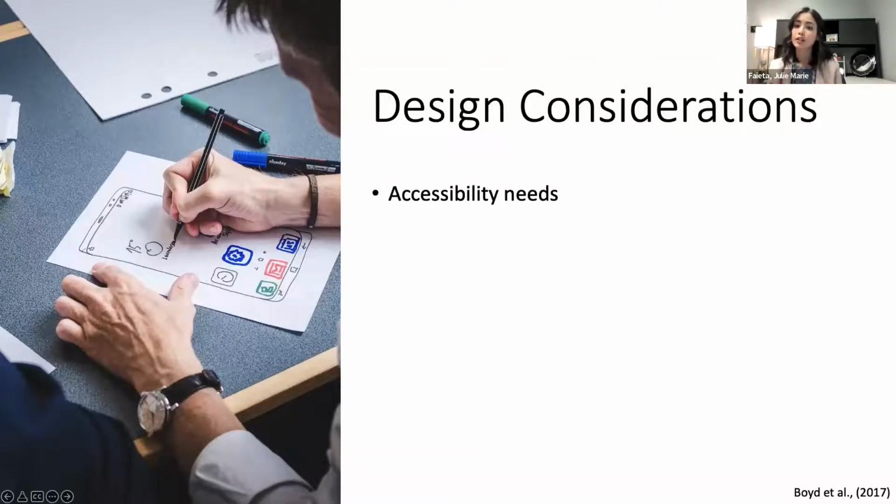And if your target end user, as is the case in a lot of my work, is an older adult, you're going to want to think about age-related decline in vision, changes in dexterity, perhaps hearing as well. So it's not just the presentation of the app, it's also how the individual interacts with it, going back to that PSD principle of dialogue support, right?